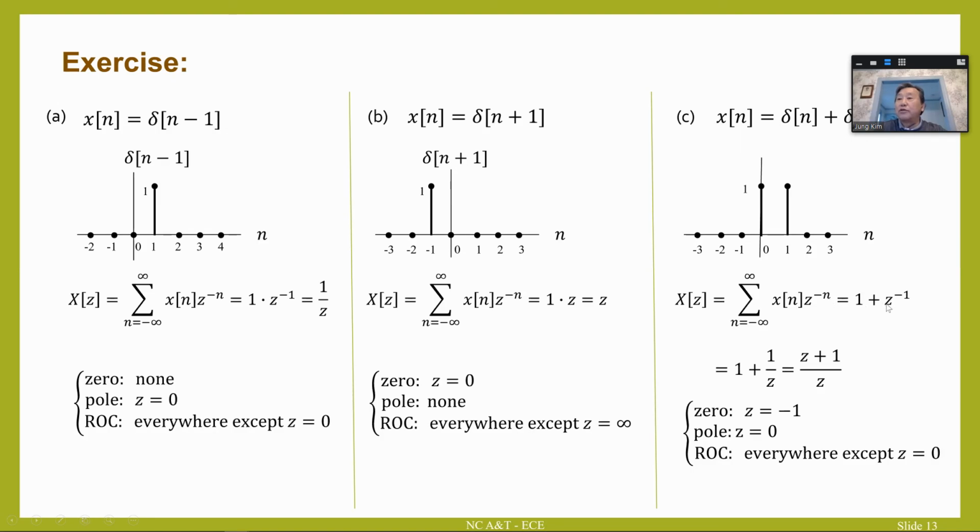So if you combine these together, this is G plus 1 over G. So the zero is at G equals minus 1, and the pole is at G equals 0. So everywhere except G equals 0. If G equals 0, then this goes to infinity. So except for the pole, okay?